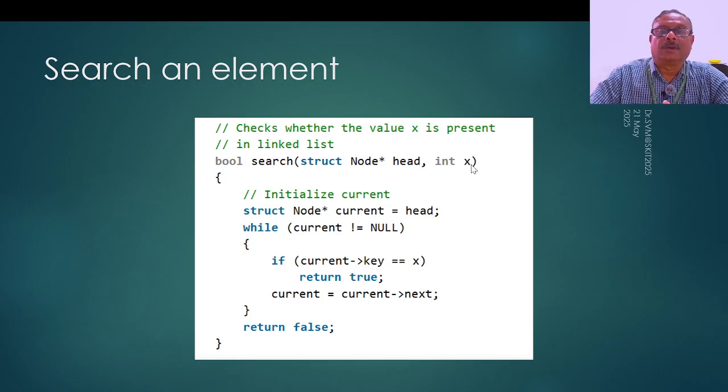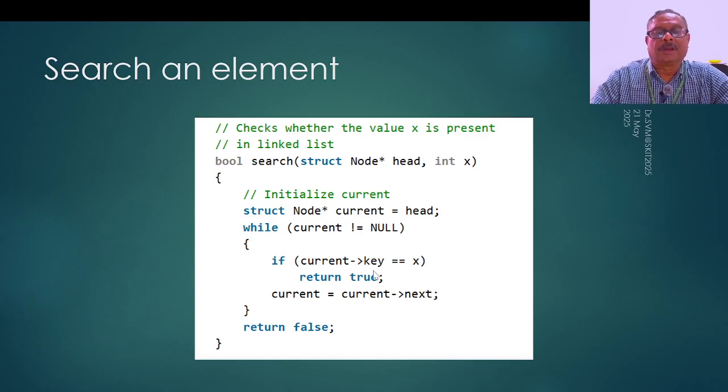We are looking for an integer x, and as long as we don't reach the end of the linked list, we keep doing this. If the current node's key is equal to x, then yes, we have found the node whose value is what we are looking for. So just return and say that yes, we have found it.